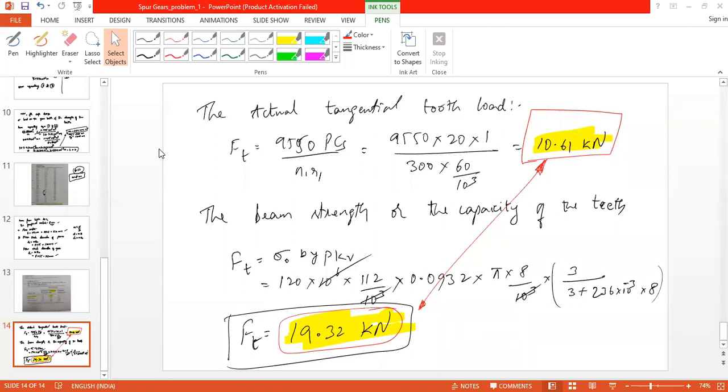Sir, change the slide, sir. What happens here? I have written this question on my tab, but here it is not showing up. The question is not visible. Is it visible now?